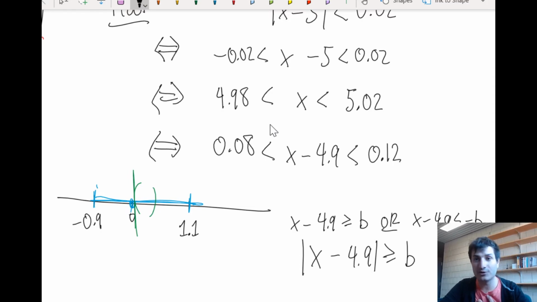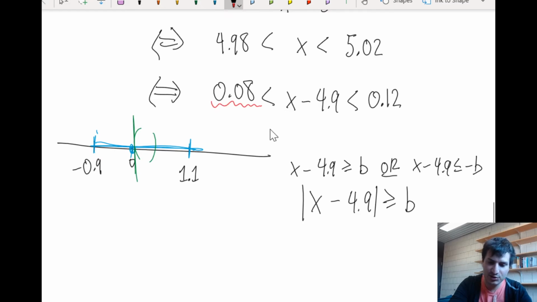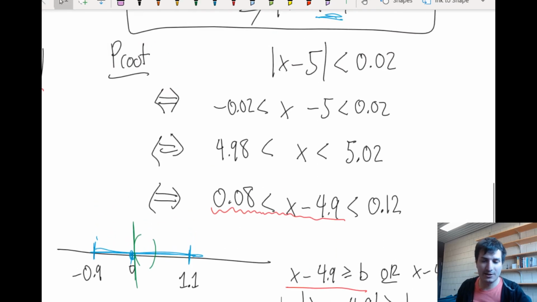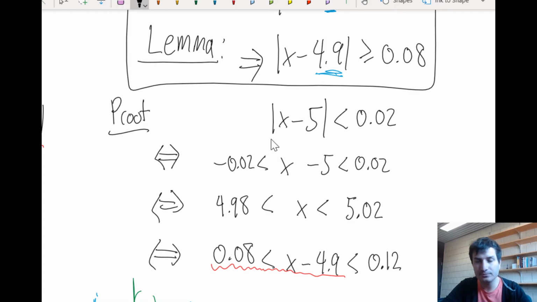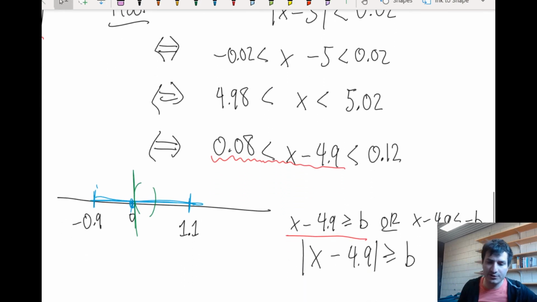So this is the reverse sandwich property, and I have it. Look, I have it. 0.08 less than x minus 4.9. That's what this thing says. So if I make b equal to 0.08, then I'm in business. b is 0.08. Okay. b is 0.08. So let's try it and make it work.